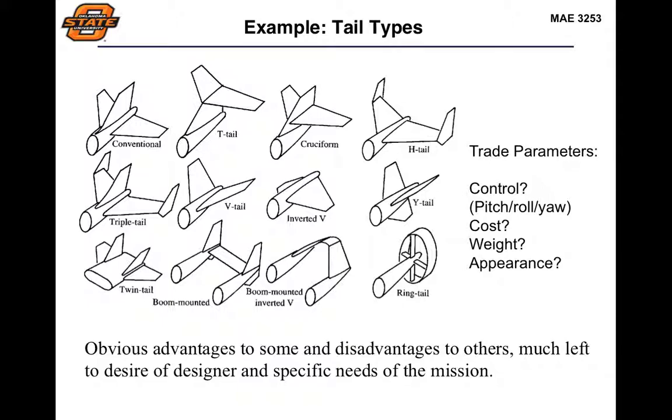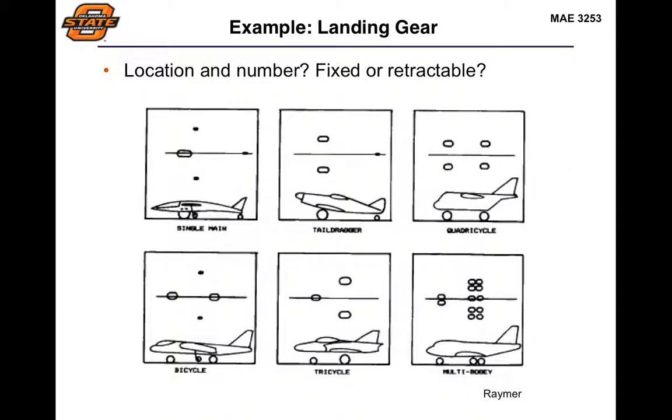Tail types are a good example of that. How do you determine which one of these tails is going to be particularly better for your aircraft design? Some of these are going to be pretty common, so when you look at a conventional T-tail or cruciform tail, they're kind of minor changes, but some of those could have a real performance impact on things such as stability, control, weight, and or safety on your particular aircraft design.